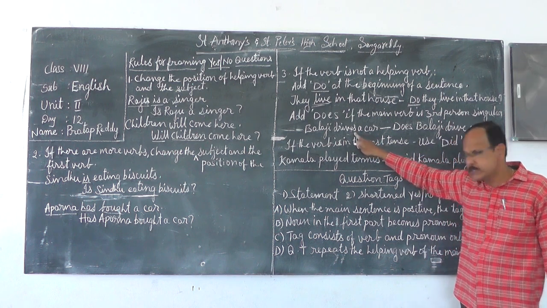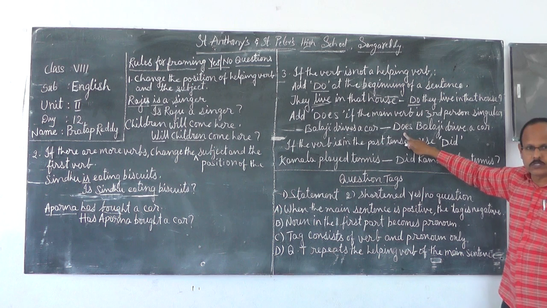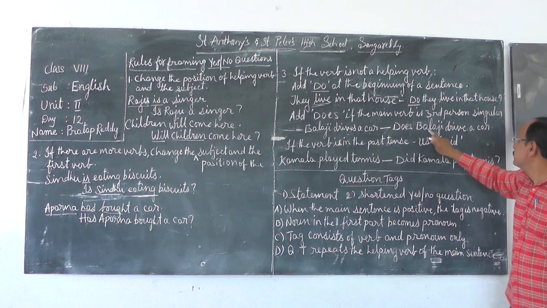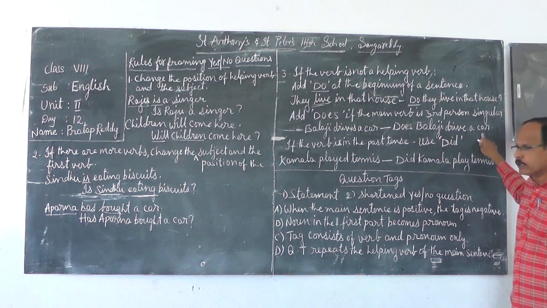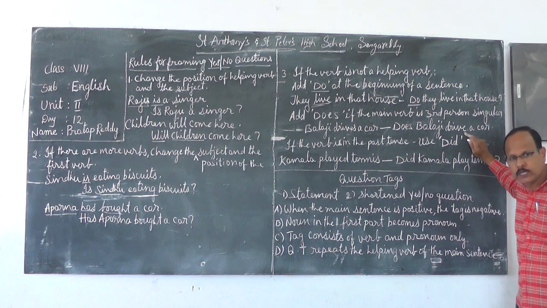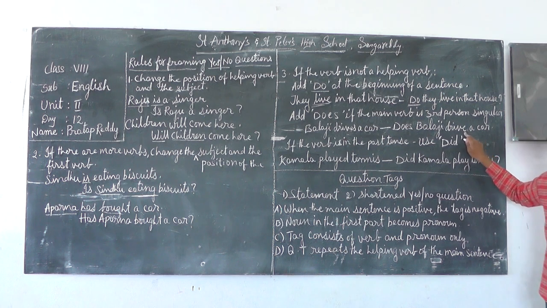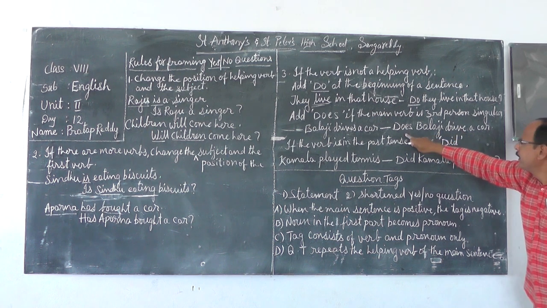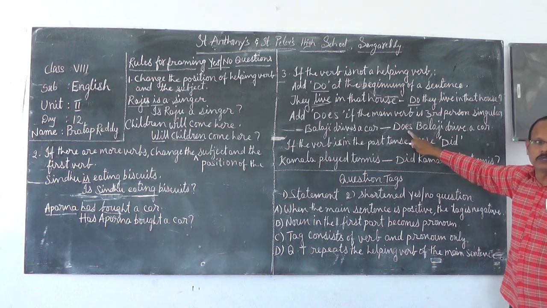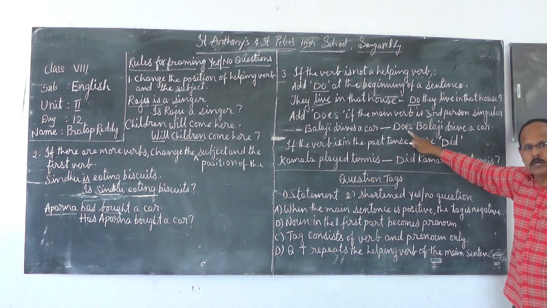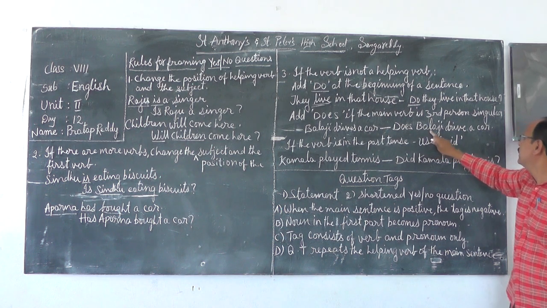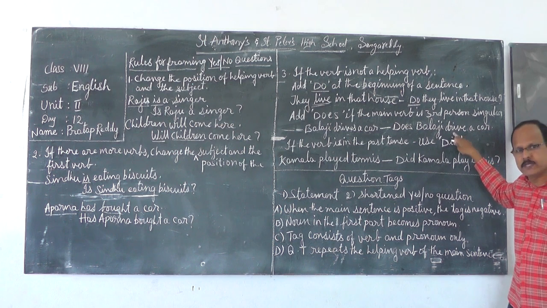In such cases, we should begin the question with does. Does Balaji drive a car? Here we should not use s again. Instead of adding s to the verb in the question, we are adding es to the helping verb.